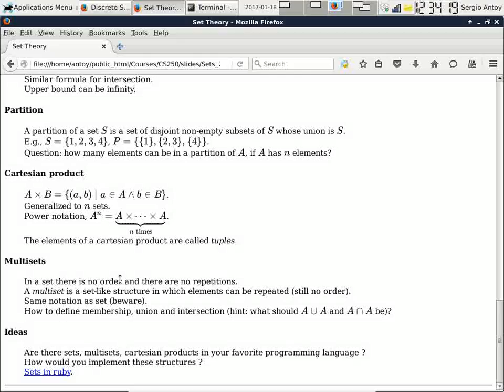If I have this one, 1, 1, 2, let me say, union, 2, 3, 2. The order doesn't matter. What are the elements of this as multisets?